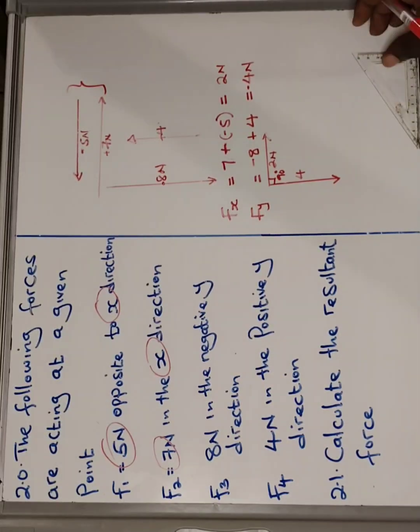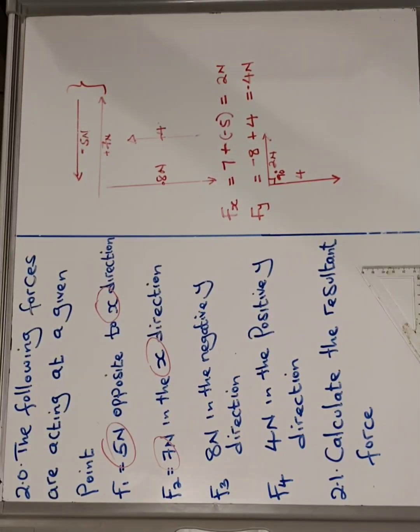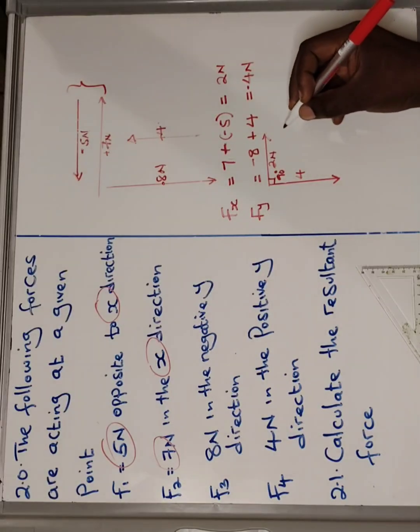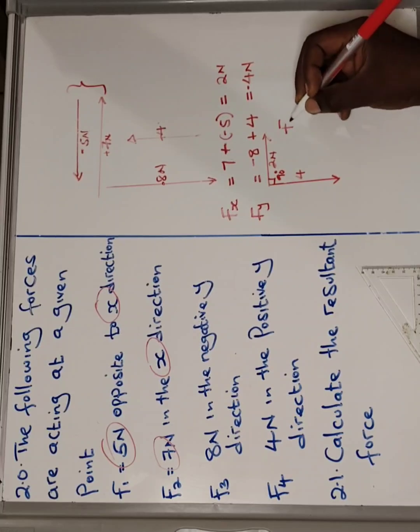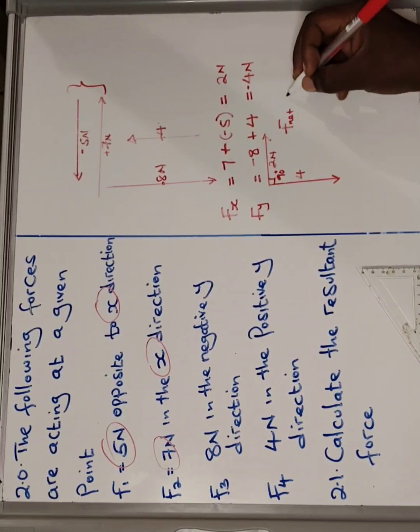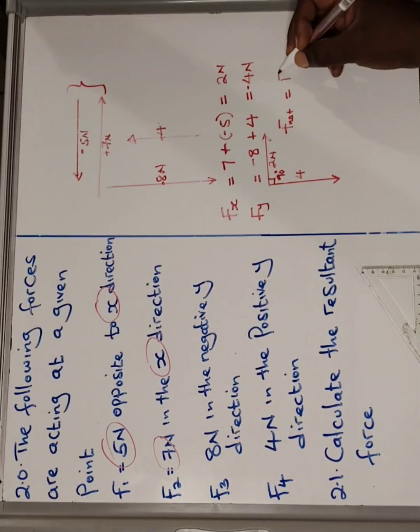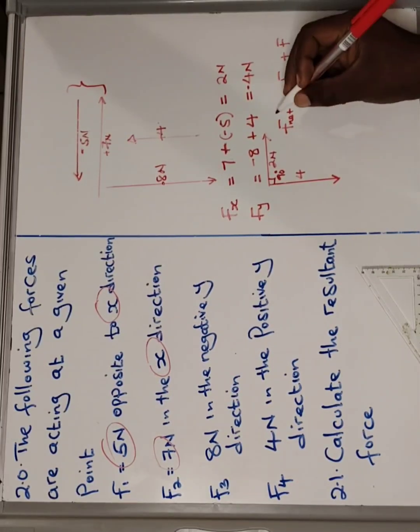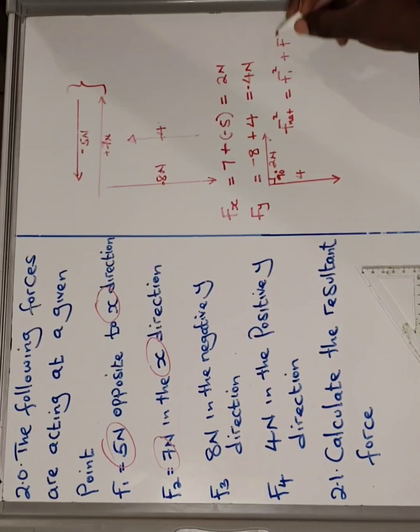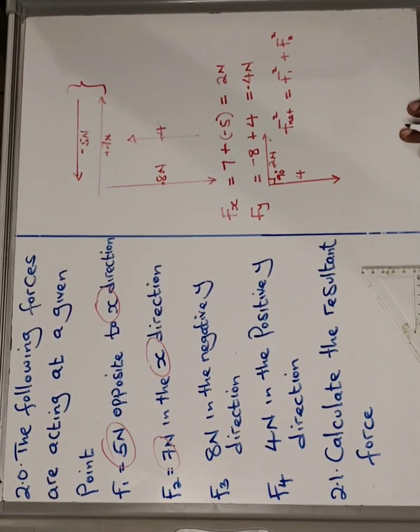So what do we do after that? After that, we go Pythagoras. And what do we say? We are going to say F resultant or F net is going to be equal to F1 plus F2, so F net squared equals F1 squared plus F2 squared. And what do we do next?